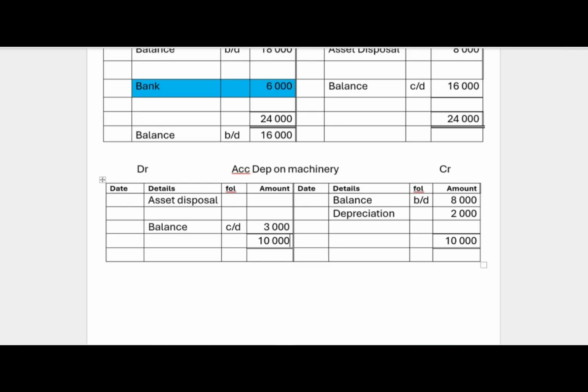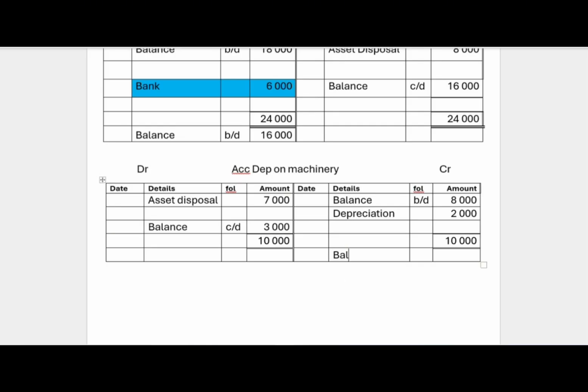And then 10,000 minus 3,000 will give us 7,000. So that 7,000 is our accumulated depreciation for the asset disposed. For the asset disposed. I don't know if you get my point right there. And then we will have a closing balance there, which is going to be an opening.